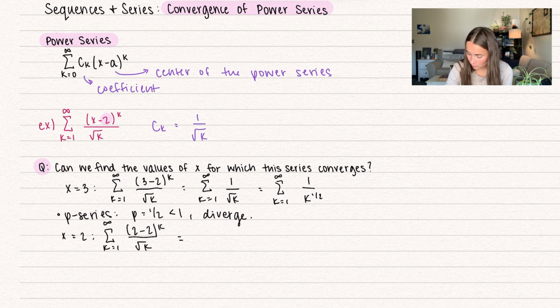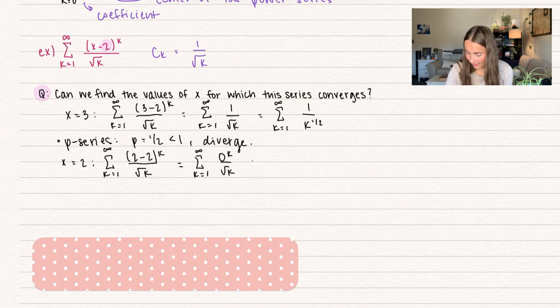So we know that 2 minus 2 is equal to 0. So we have the summation of 0 to the power of k divided by the square root of k, and this is equal to the summation of 0. So you're forever just adding 0. This is going to end up equaling just 0, so we know this is going to converge.